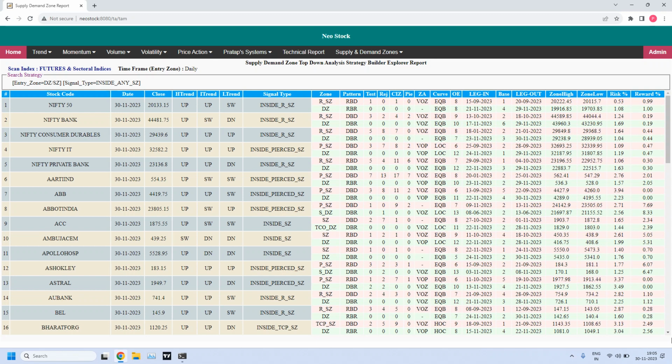So a good number of stocks are there inside the supply zone. Let me scroll down. Even the indices, Nifty 50, Nifty Bank, Nifty Consumer Durables, Nifty IT, Nifty Private Bank, all these are inside the daily supply zones. But Nifty Bank is already pierced.